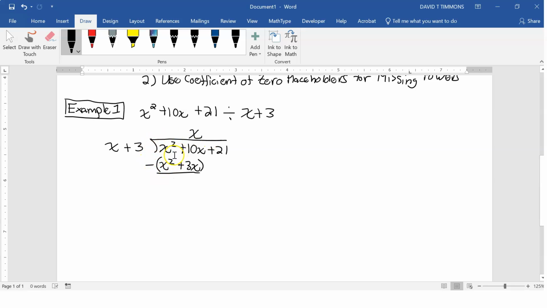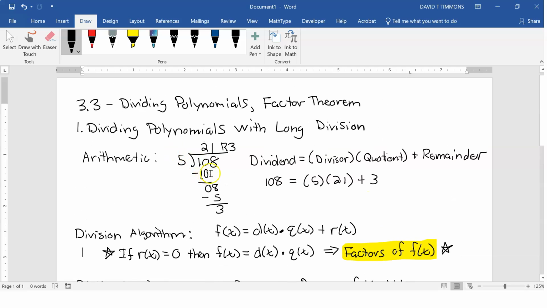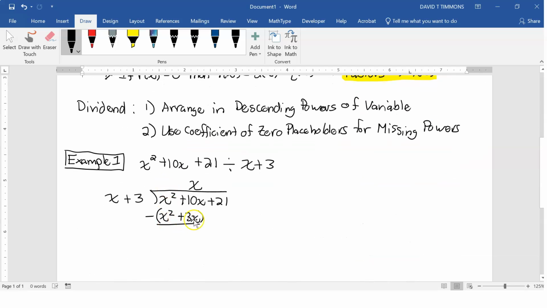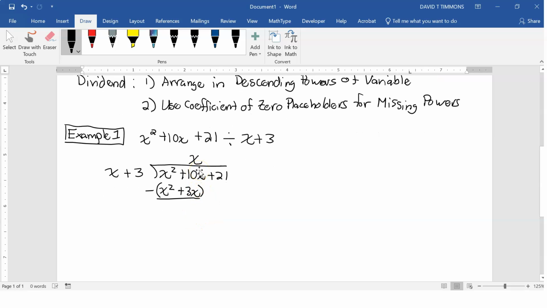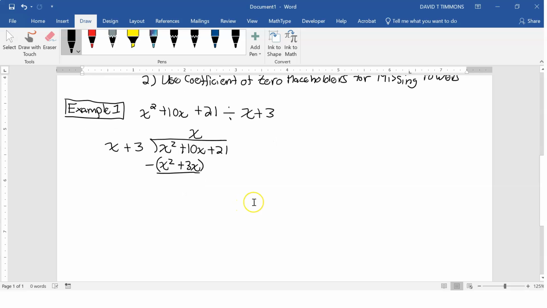However, unlike our arithmetic long division, where we really just have one number subtracted from another, which is simpler, in polynomial long division, notice there's the second term. And this negative has to be distributed across that term. So what we really have here is 10x minus 3x, which is then 7x. So be careful with that second term.